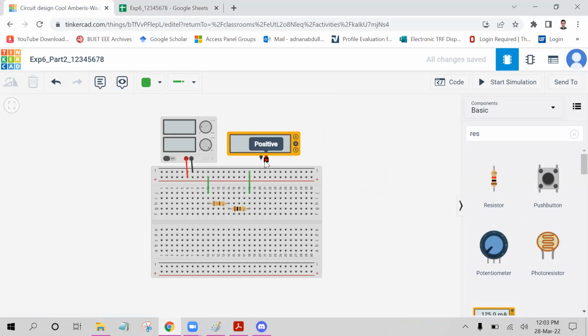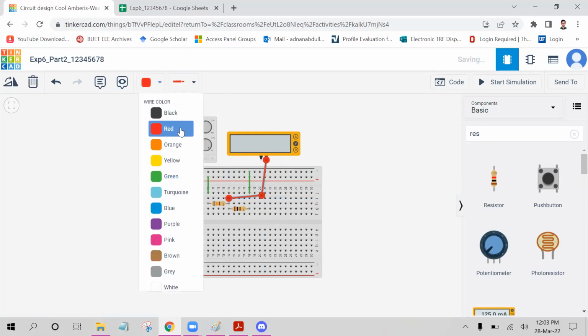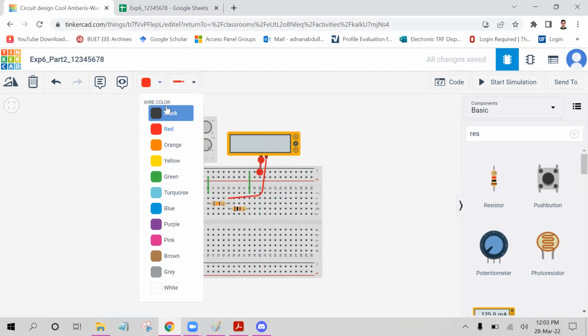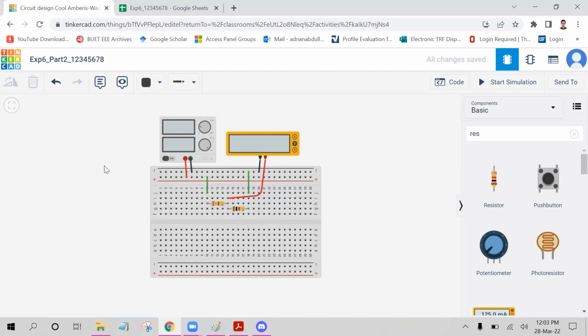So let's do it. Follow me and connect your own circuit. This is the multimeter. This is the positive terminal, and this one is the negative. Okay.